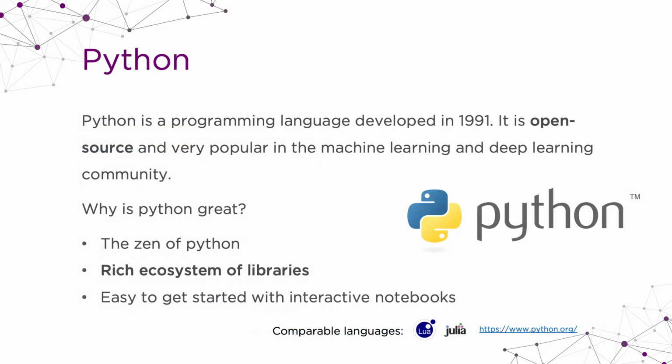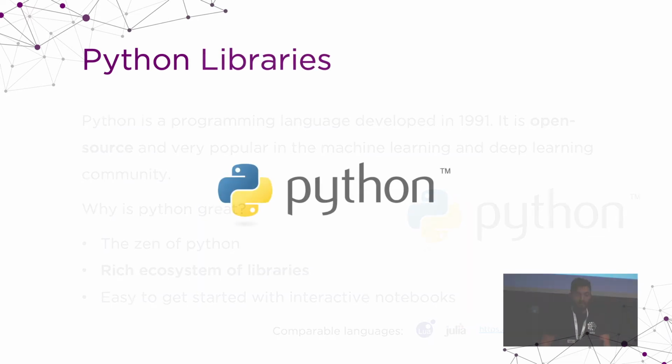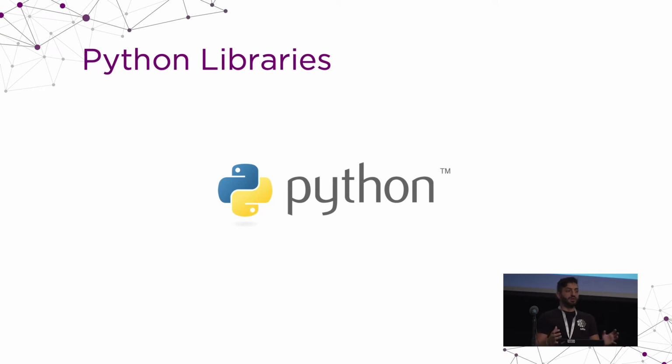Okay, so that was my favorite one, the Zen of Python. But really, another reason why Python is great is the rich ecosystem of libraries. So Python itself is a core language. And it has many other libraries around it, third-party libraries that any user can go and create their own libraries if they want. And as a user, you could then go and download these libraries and start using them right off the bat.